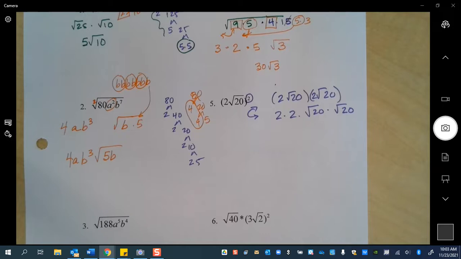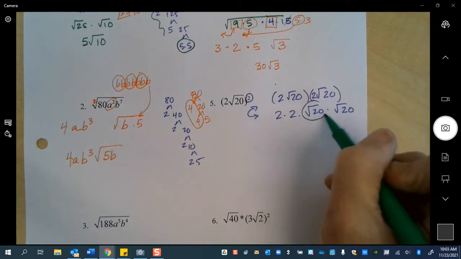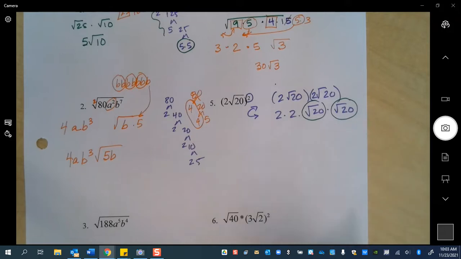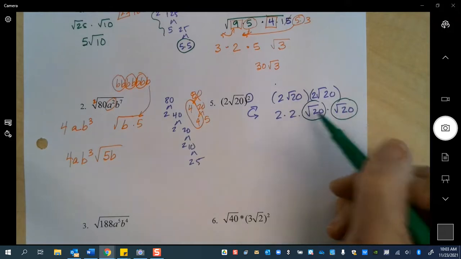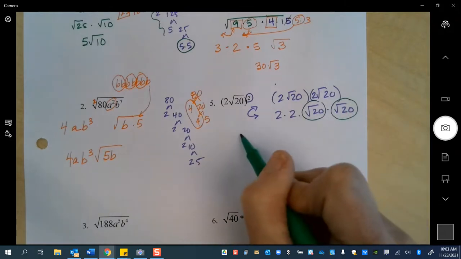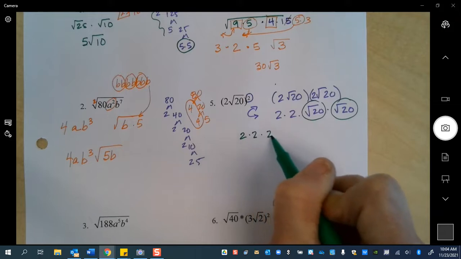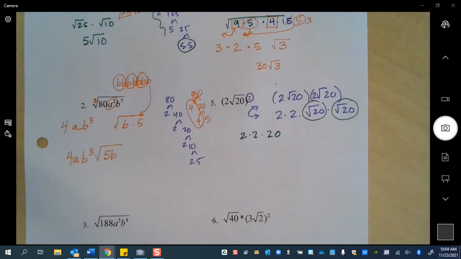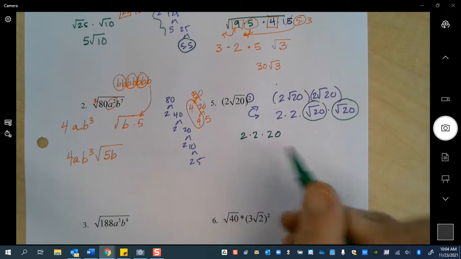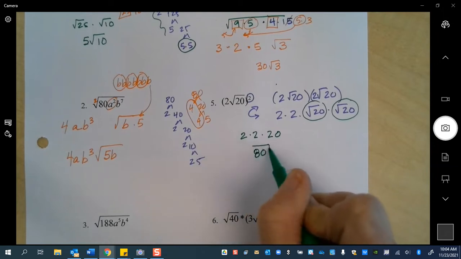Anytime you have this same value under the radical sign squared, that eliminates my radical sign. So I have 2 times 20 is going to be my final answer. 4 times 20 sounds a lot like 80 to me.